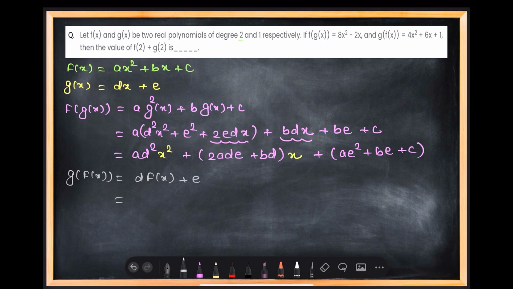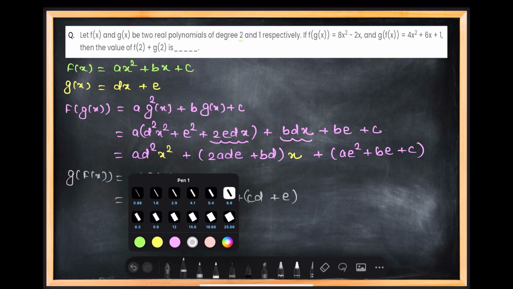Now do the replacements and we will be having ad x square and then bd with x, and then we have c, so cd plus e. So the constant is cd plus e. So this is our constant.